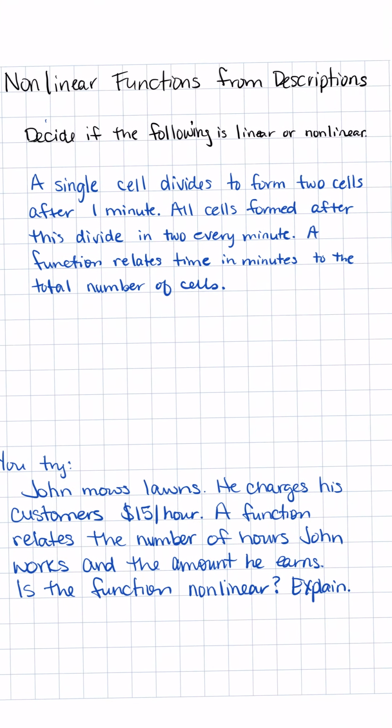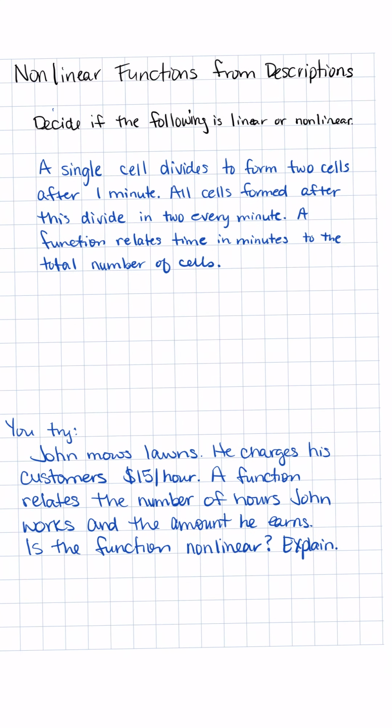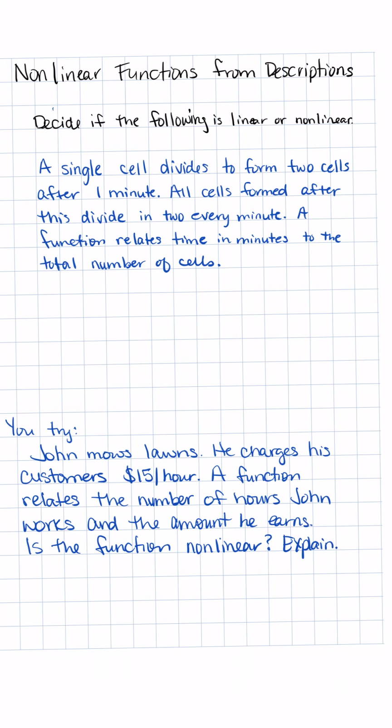Nonlinear functions from descriptions. So decide if the function is linear or nonlinear. A single cell divides to form 2 cells after 1 minute. All cells formed after this divide in 2 every minute. A function relates time in minutes to the total number of cells.